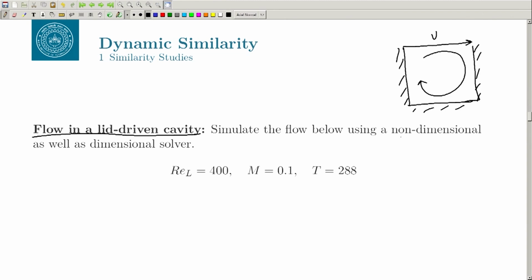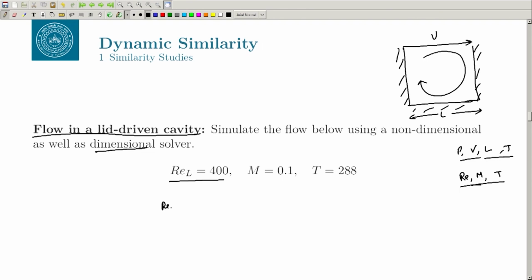So, what is the dimensional solver? That means you have to assign the value of pressure, velocity, length, temperature, all those things. In the non-dimensional solver, what you need to assign is your Reynolds number and Mach number, and maybe the temperature, some scaling. So, you have the Reynolds number, which is a very famous example, based on this length scale L and your top moving velocity.